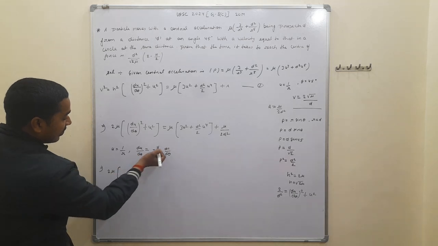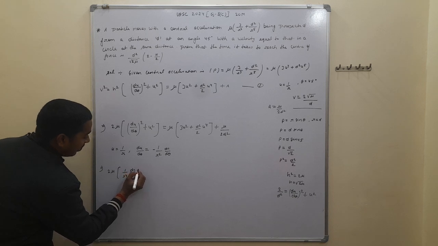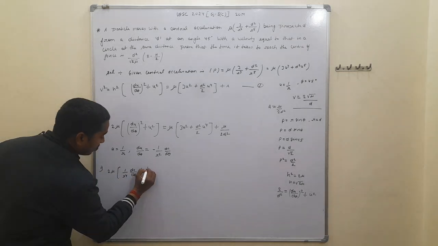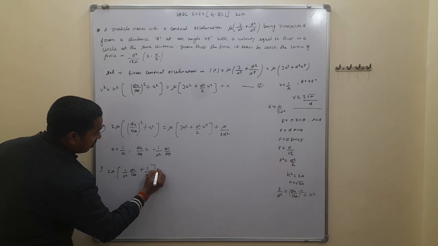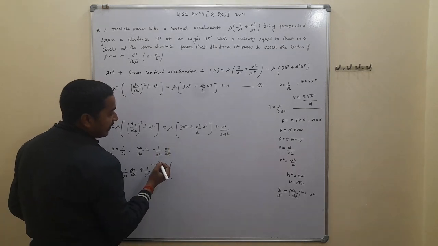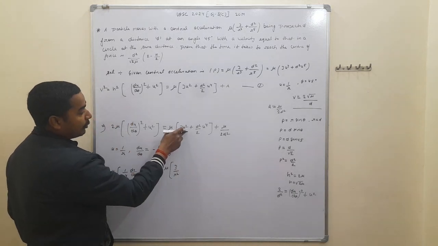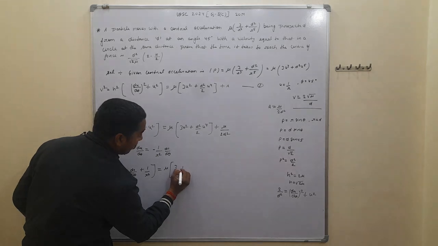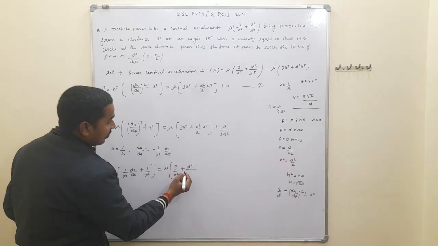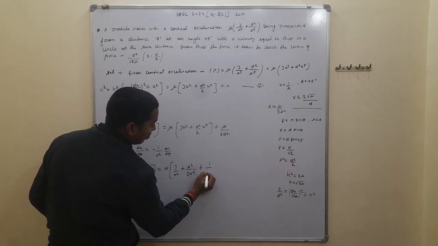On squaring du upon d theta, that is 1 upon r to the power 4 dr upon d theta whole square, plus, in place of u square we have to put 1 upon r square, and is equal to, from here mu is taken common, then the remaining is 3 upon r square, since u is equal to 1 by r, plus d square upon 2 r to the power 4 plus 1 upon 2d square.